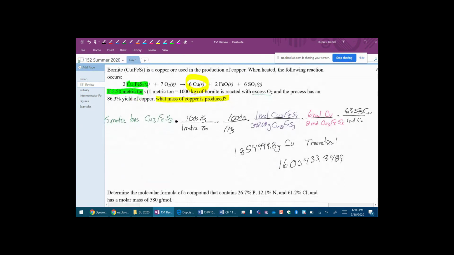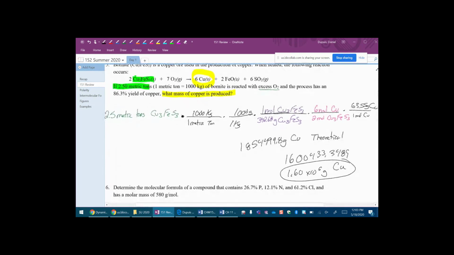I have 3 sig figs, so this becomes 1.60 times 10 to the what? 1, 2, 3, 4, 5, 6 grams of Cu. That's it. All right, there we go.